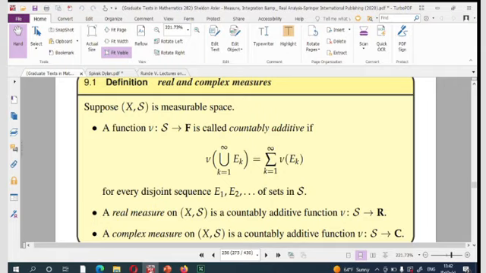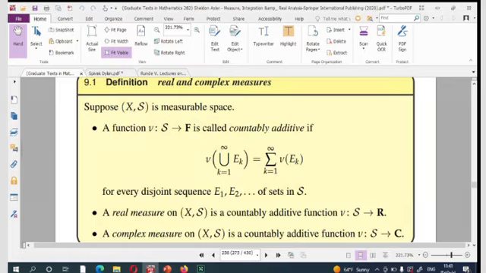Okay, a function nu, for example, from S, our sigma algebra, to F, R or C, is called countably additive if we have this equality for every disjoint sequence in S. Now a real measure on this measurable space is a countably additive function such as nu from S to R, and a complex measure on this measurable space is a countably additive function such as nu from S to C, complex number.